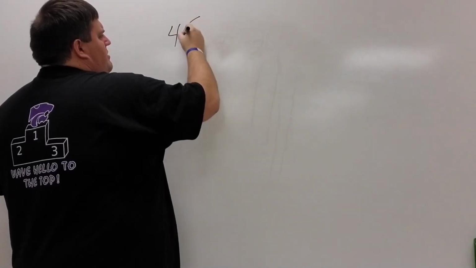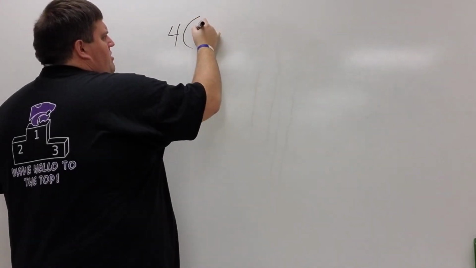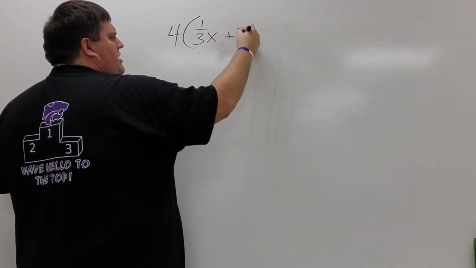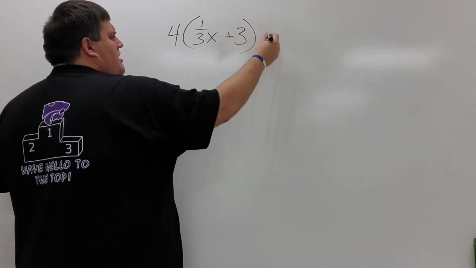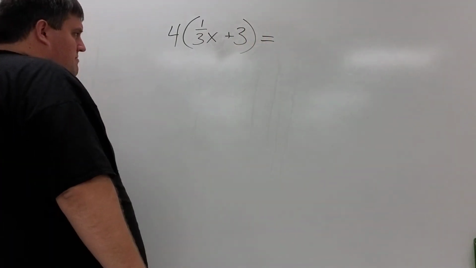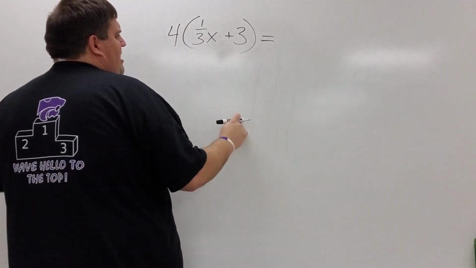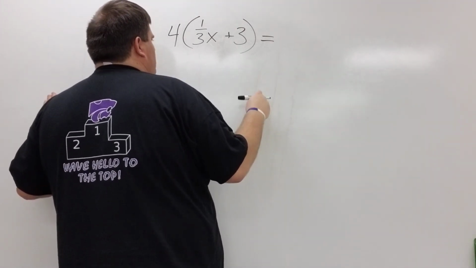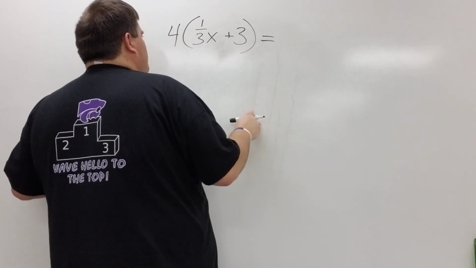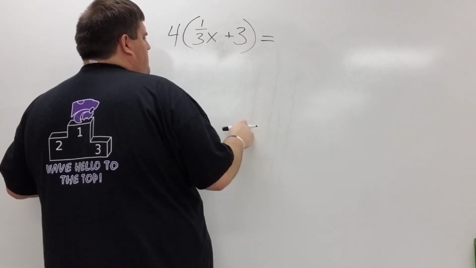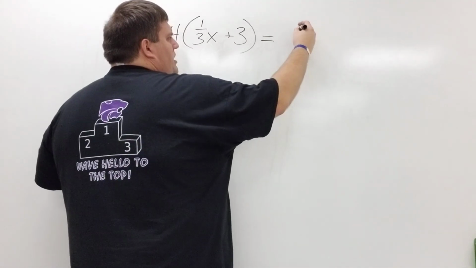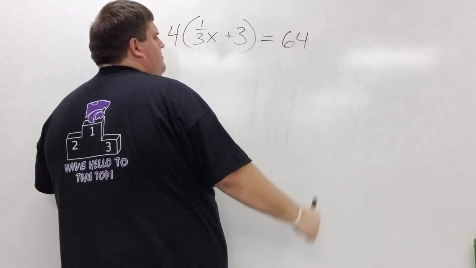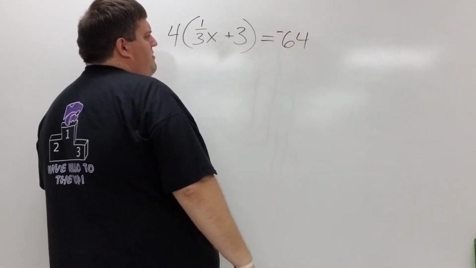So let's do 4 times 1/3 x plus 3, and I want that to equal negative 64.